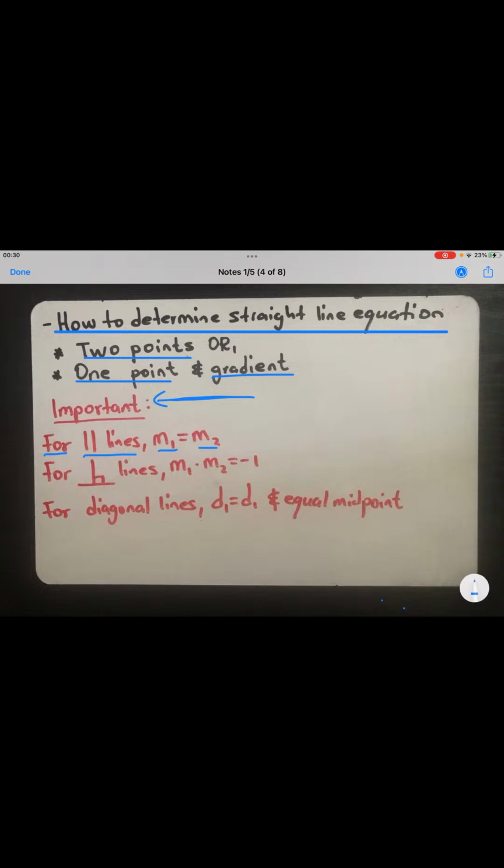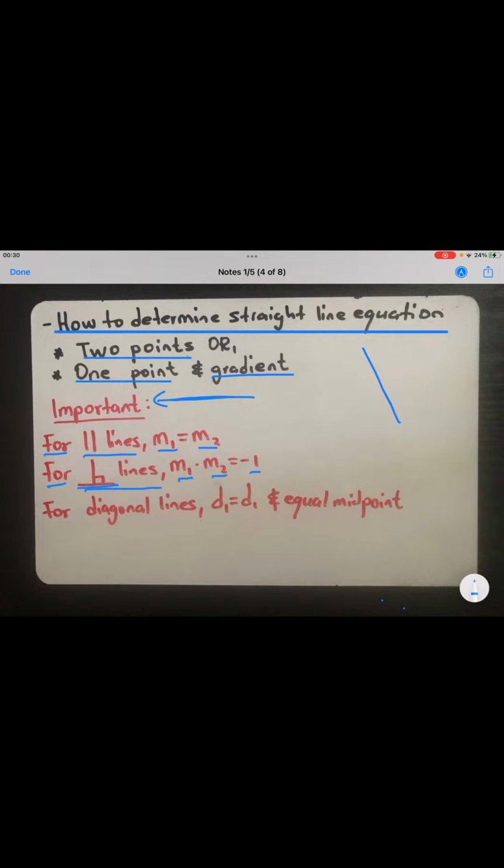Secondly, for perpendicular lines, when you multiply that gradient and that gradient, they will give you -1. So that means when you have a line, you could be having another line there.